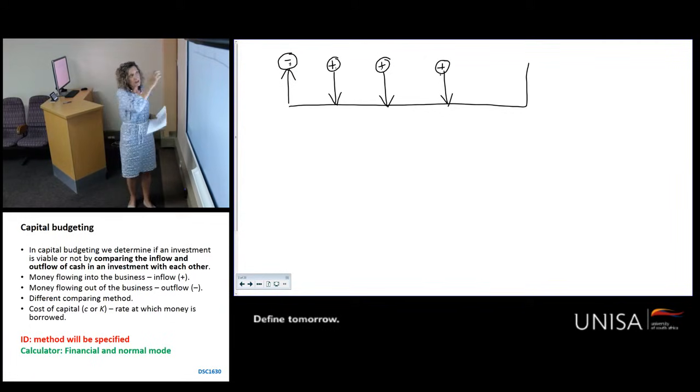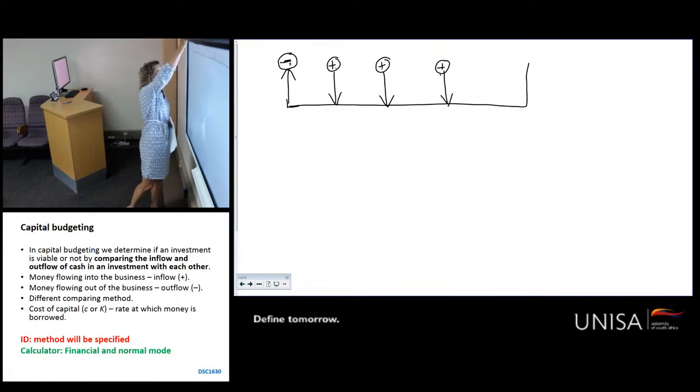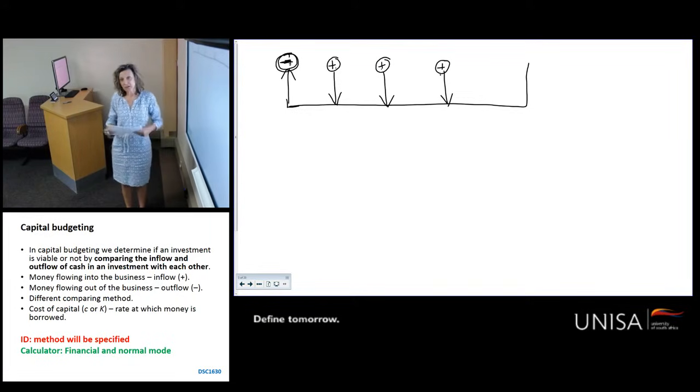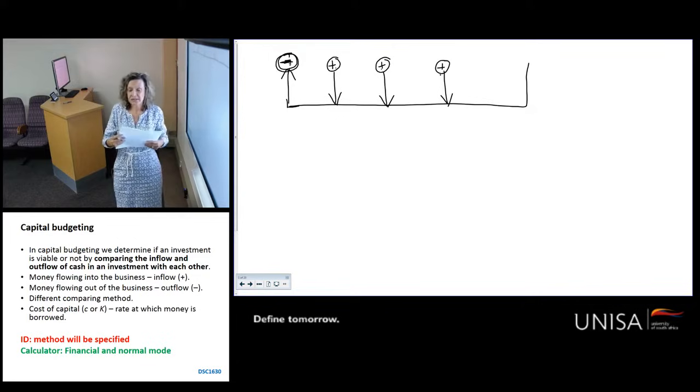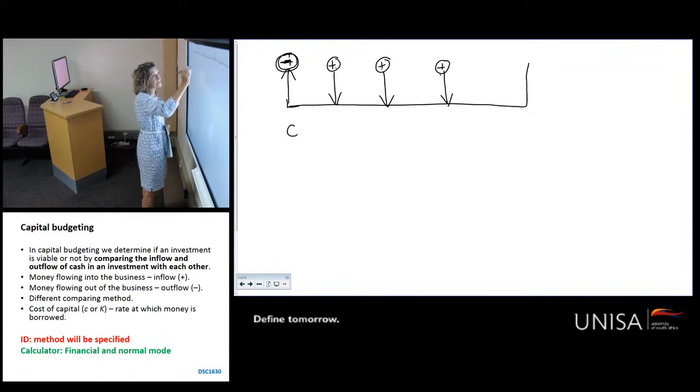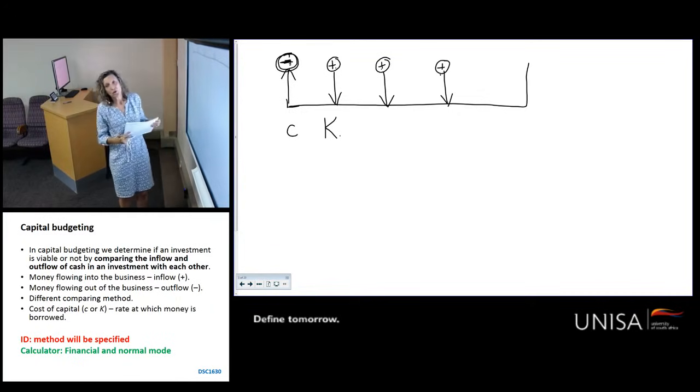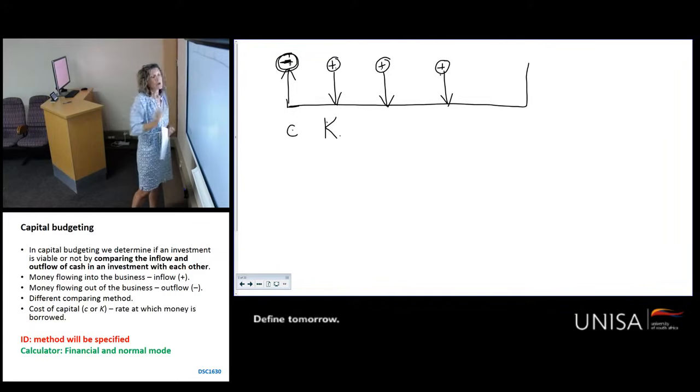Something else we need to know is that you normally would borrow that money to pay for that investment. And the cost of capital, which we also indicate as a C or a K, is the rate at which we will borrow our money. And that is then the C or the K value.